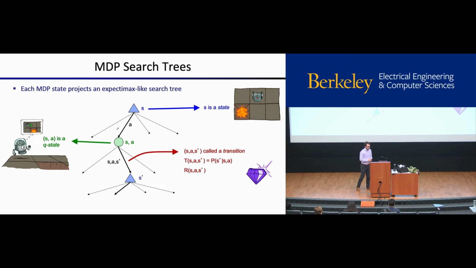Okay. So each MDP has this sort of search tree interpretation. And if we make it a proper search tree, we have a maximizer node at state S. S is just a state of the world. I guess we've sort of mixed our examples. We were in the car racing example, and now we're back to the grid world.